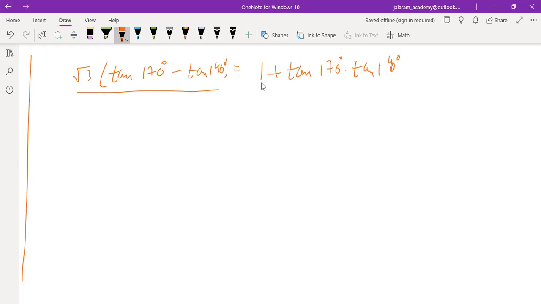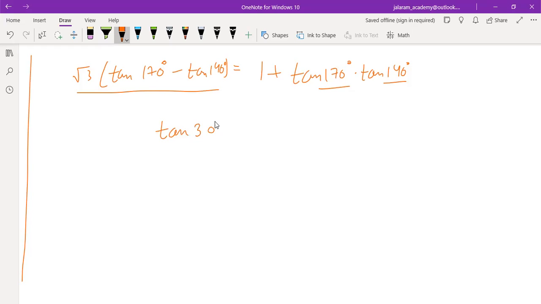This time we are not going to solve it by using the left hand side and right hand side method. So what will we do now? In all the questions which involve tan, remember the difference between 170 degree and 140 degree is 30 degree.